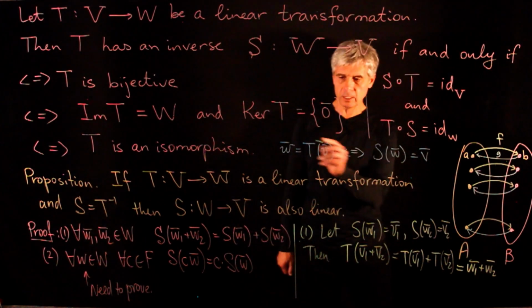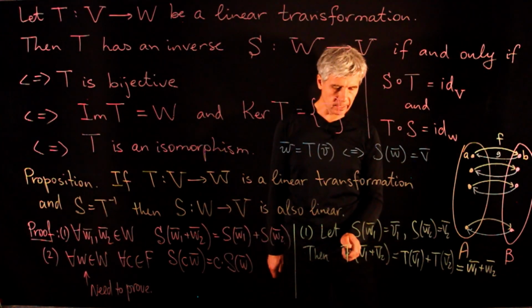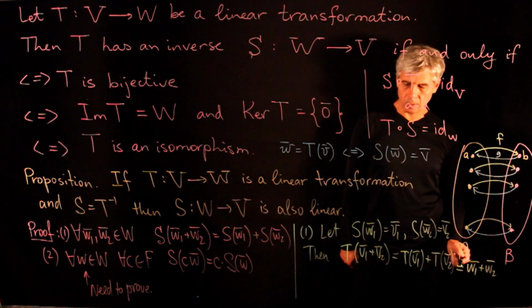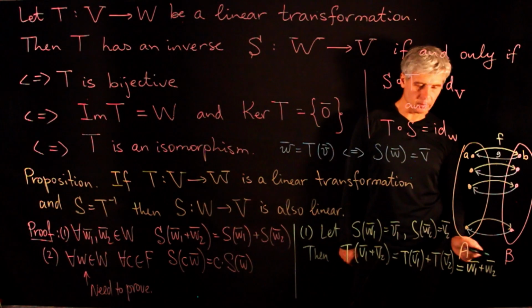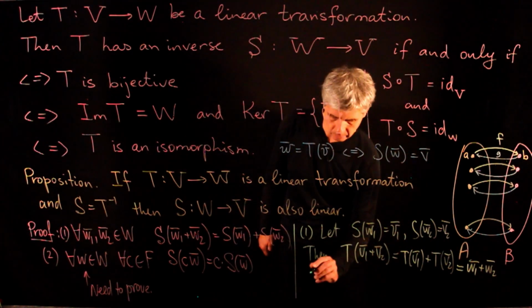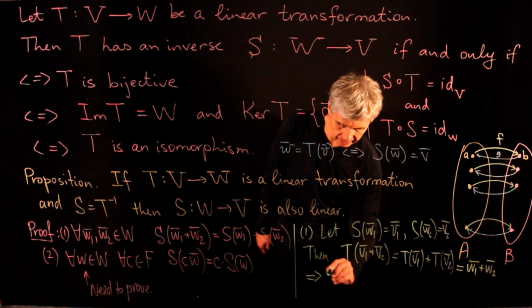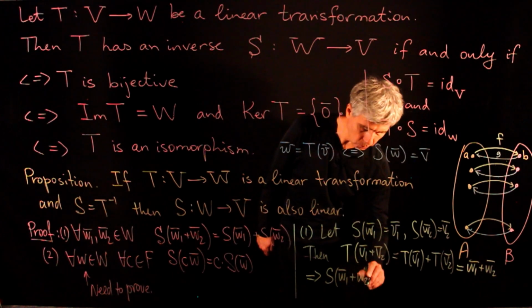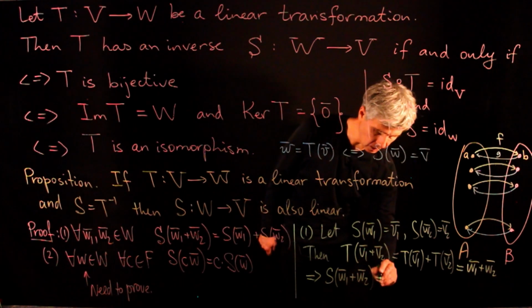And then we apply this principle again. So here we have that T of V1 plus V2 is something. So this means that if we apply S to the right-hand side, then we are going to get V1 plus V2. So this tells us that S of W1 plus W2 is equal to V1 plus V2, right?